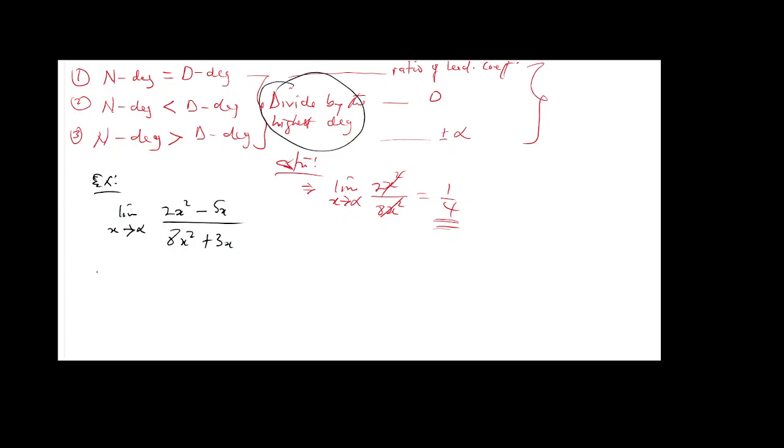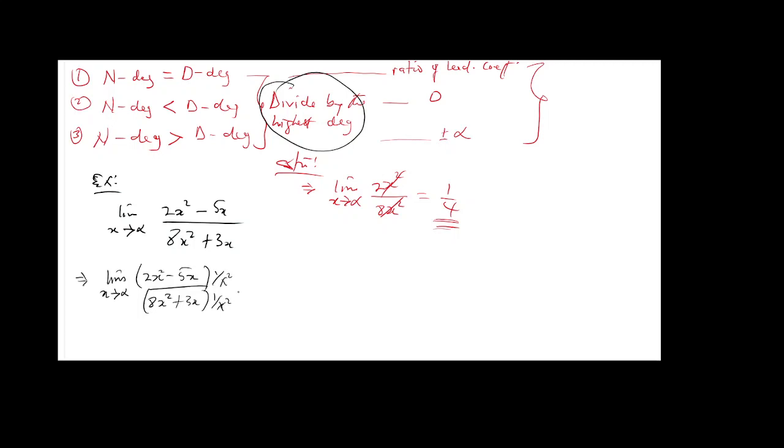Now if we apply that general rule, we will have the limit as x approaches infinity of 2x squared minus 5x all over 8x squared plus 3x, meaning we divide both sides by the highest degree, and here the highest degree is x squared, the same thing here, x squared.